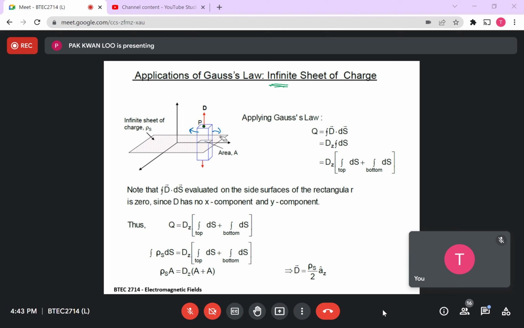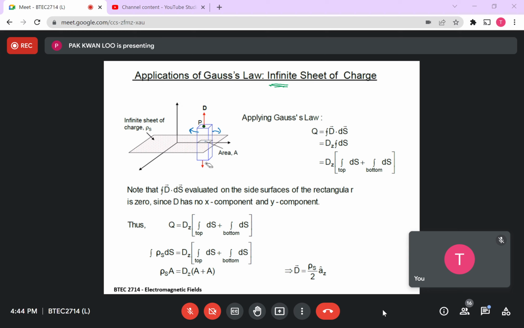Because for infinite sheets, the electric field component is only perpendicular to the sheet. There is no other component. All of the electric field is pointing perpendicularly with respect to the charge distribution, the flat infinite sheet of charge.